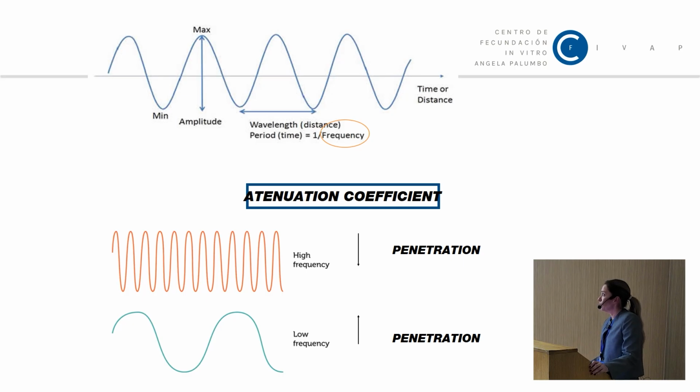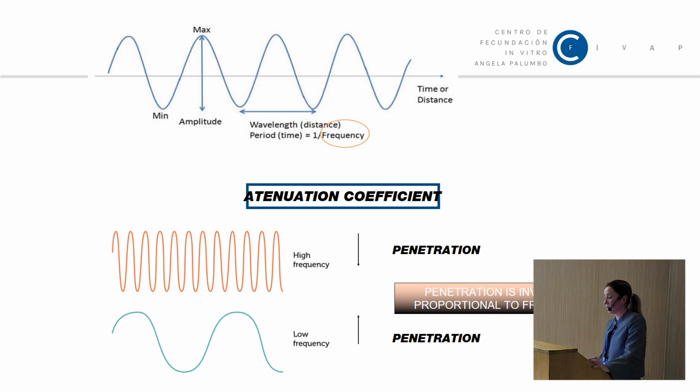And these 2 waves are going to have different penetration because they have different attenuation coefficients. The attenuation coefficient is a parameter that measures the decrement of the ultrasound wave amplitude while it goes through tissue. When we have an ultrasound wave with a high frequency, the penetration will be low because the attenuation coefficient is high.